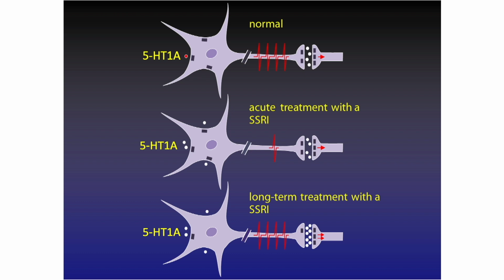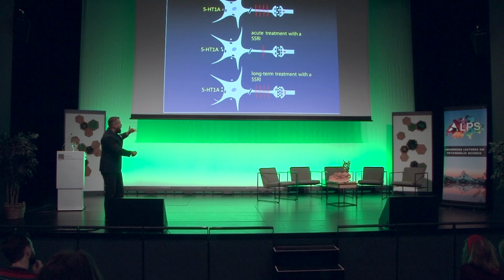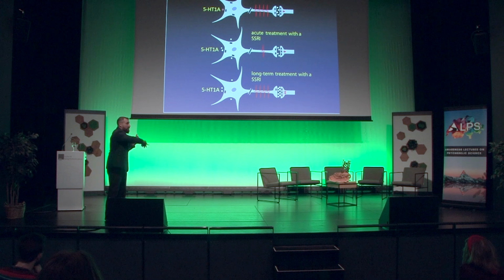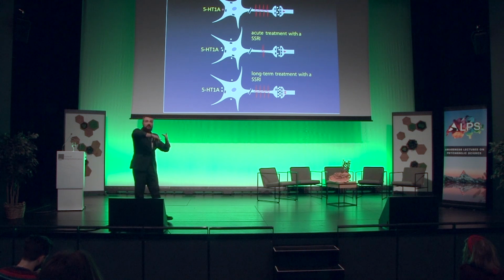Because at the beginning of the treatment, it has been demonstrated that when drugs like citalopram or escitalopram are administered, we have a decrease of the neuronal activity. But after long-term administration, we have a rebound in the firing rate.